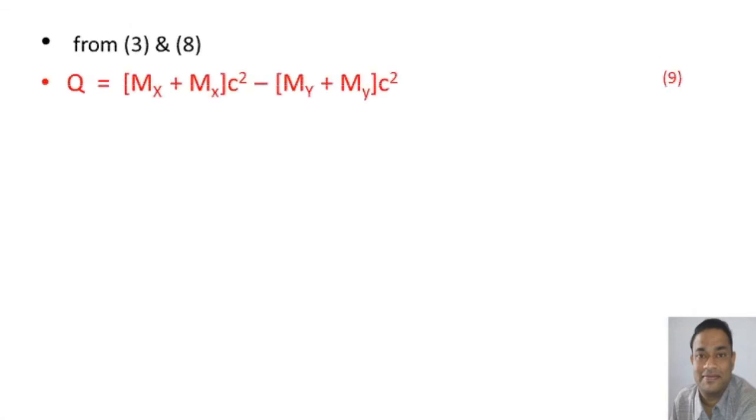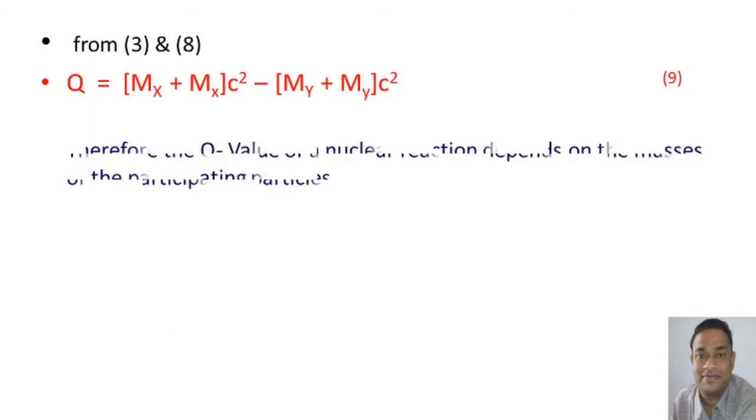So from equations 3 and 8, we can write the Q value of a nuclear reaction. It is equal to (M capital X plus M small x) C square minus (M capital Y plus M small y) C square.